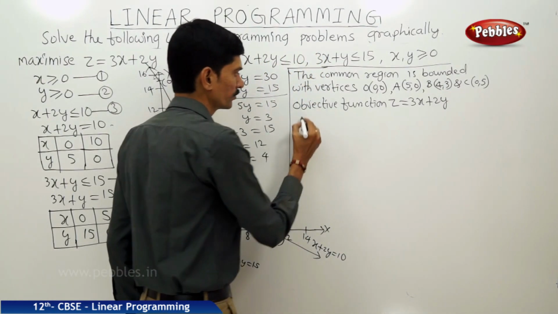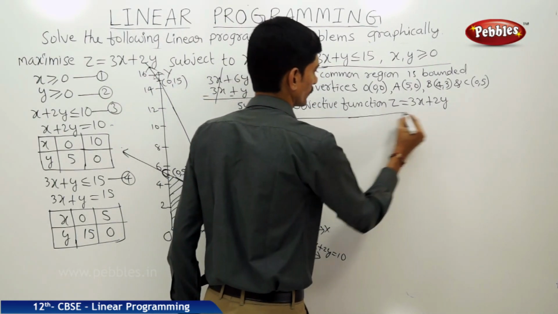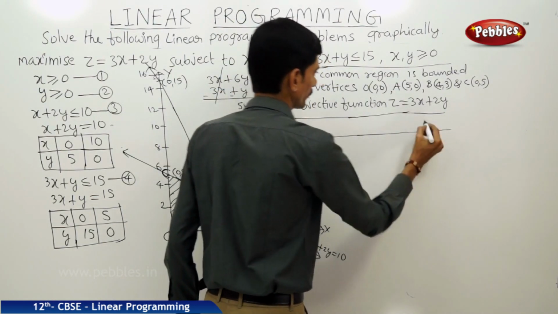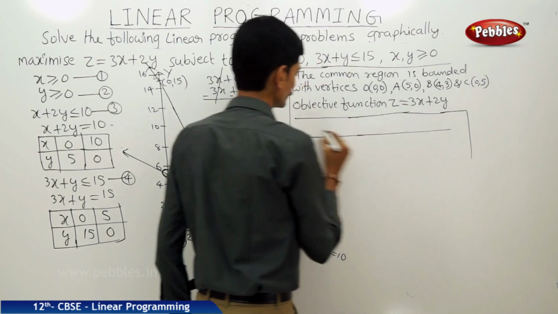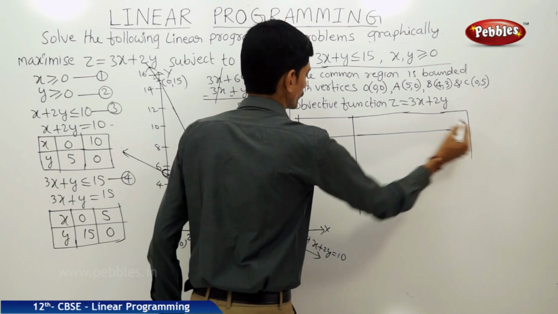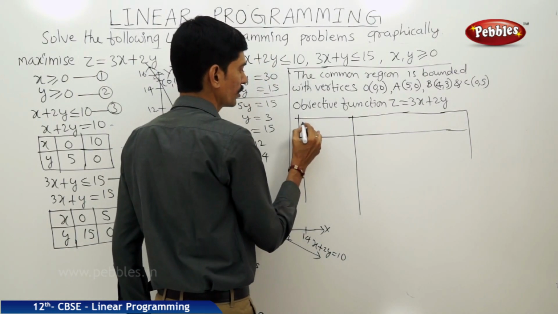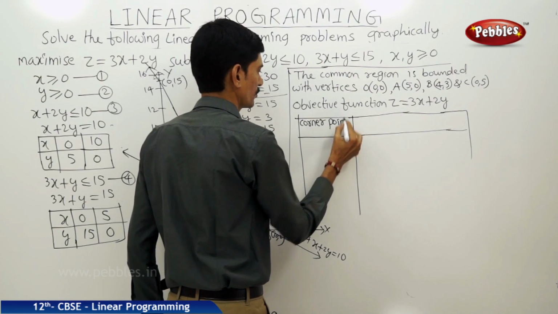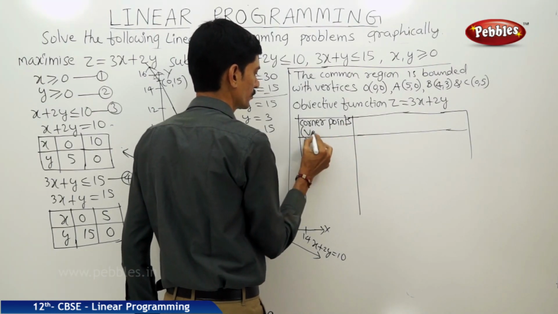Now let us draw the table of the values of the given objective function at each of the vertices. Here the corner points are vertices.